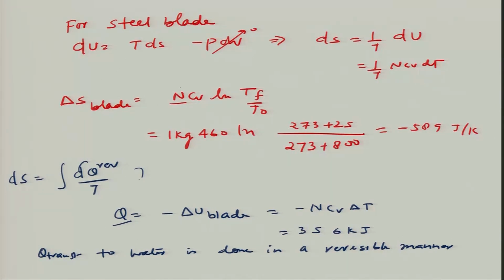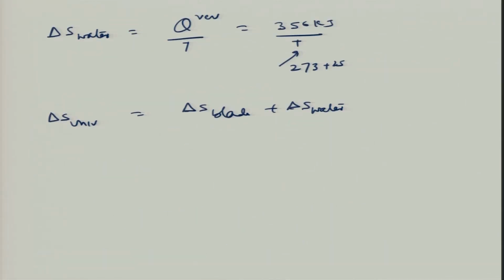Otherwise, if there is no change in the volume and the other properties are not affected, then one can also find it using the first law analysis. I am trying to avoid that part in this problem, but it is something you can try in different ways to solve such a problem. So this is one way of approaching it.